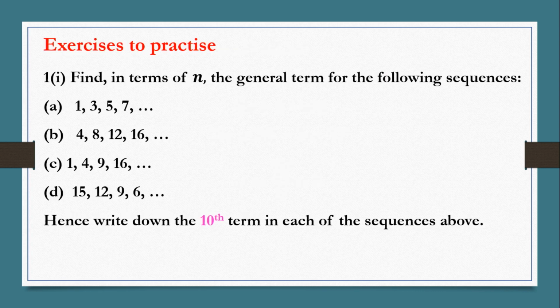Now you have some exercises to practice. The first question, first part, find in terms of n the general term for the following sequences. You have parts A, B, C, and D. Hence, write down the 10th term in each of the sequences above.